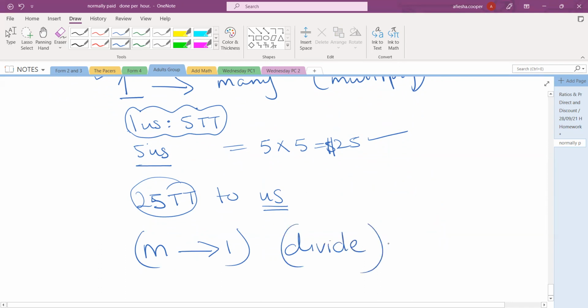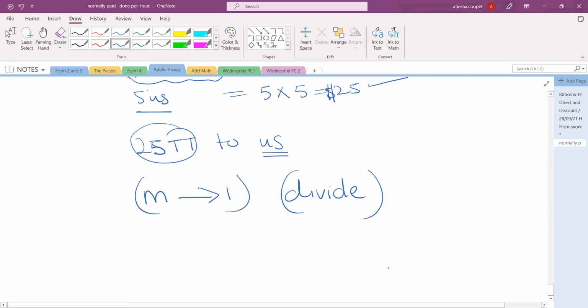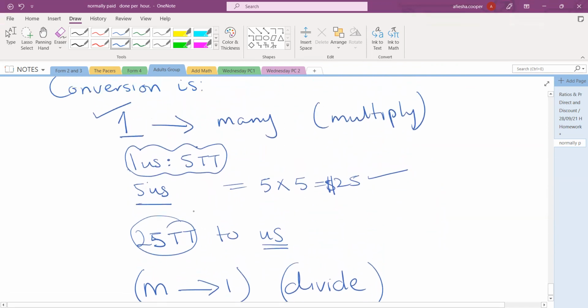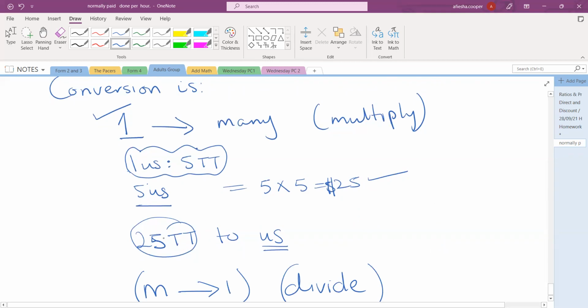It's something you will have to see as you do more examples. We divide the 25 by the 5, which is 5 US.